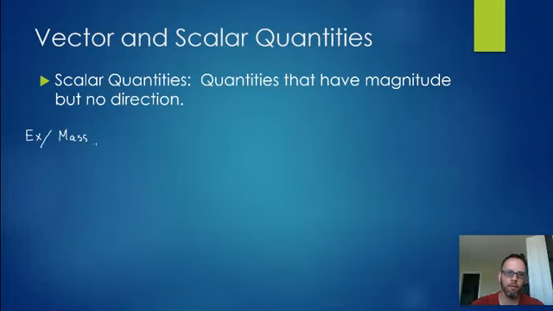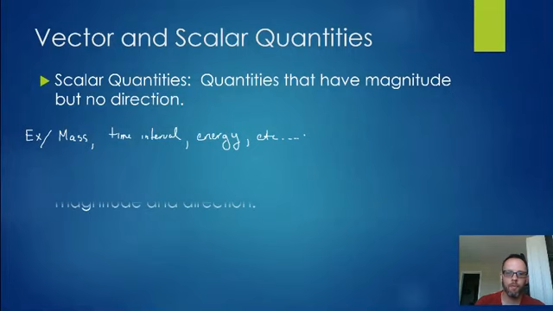There's no direction associated with that. Like a time interval, like somebody ran the 100-meter dash in 10 seconds. What other example might there be? Energy, etc. Lots of different scalar quantities that you were introduced to last year.